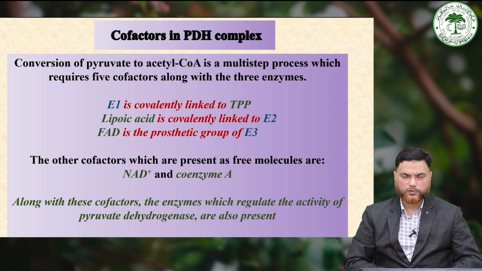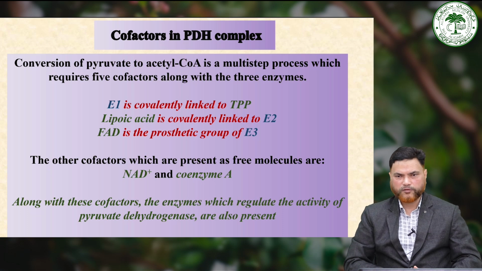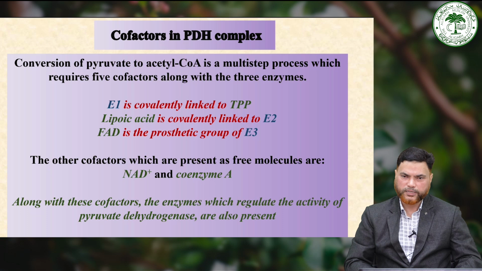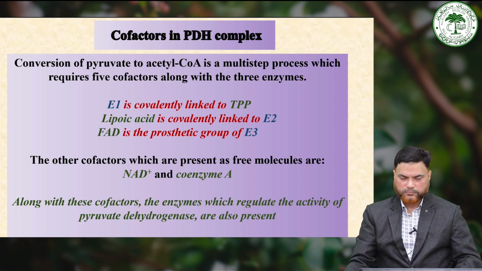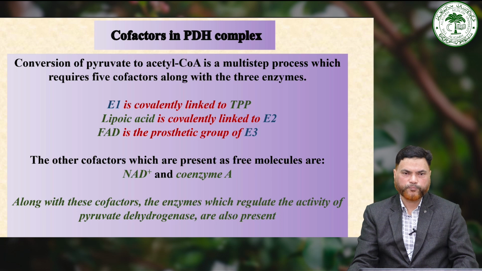Now, how is the activity of E1 regulated? Phosphorylation of 2 conserved serine residues of E1 in the alpha subunit leads to inactivation. Then dephosphorylation of these serine residues converts E1 into an active form.